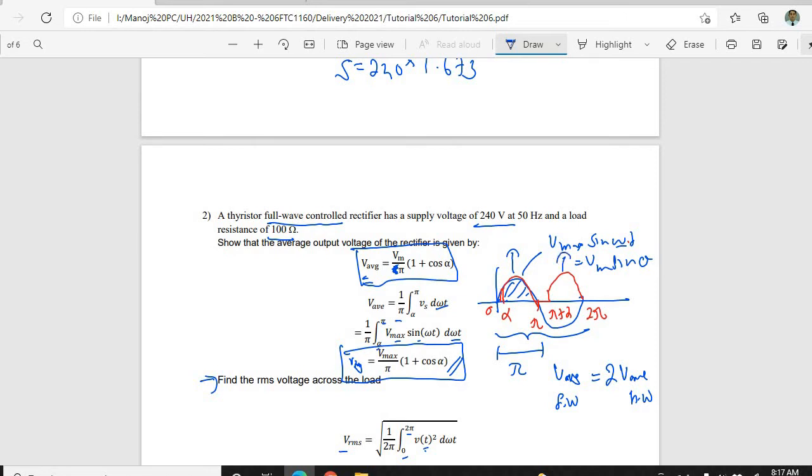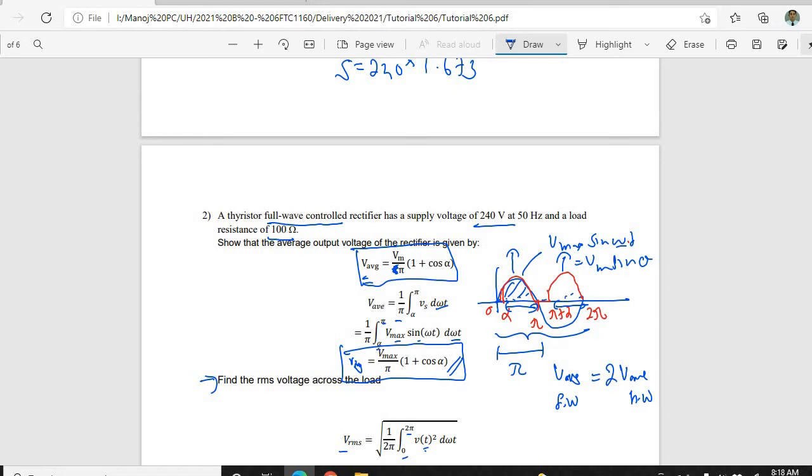Because the rest is 0, square this waveform and you will get a different waveform. Then you have to integrate from α to π and π + α to 2π, and add these two.